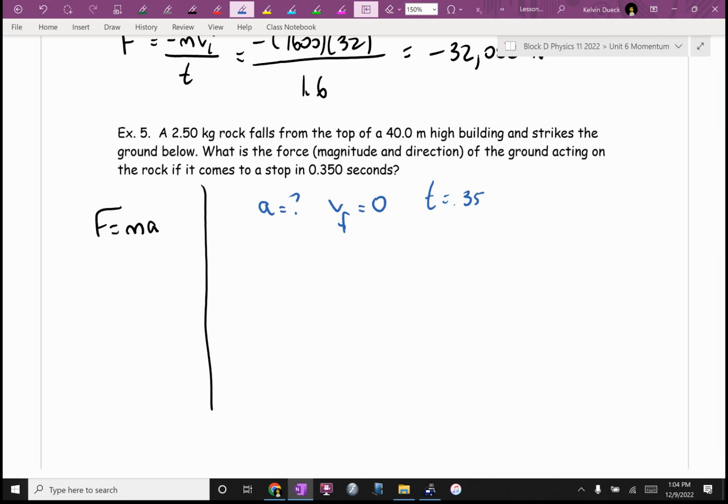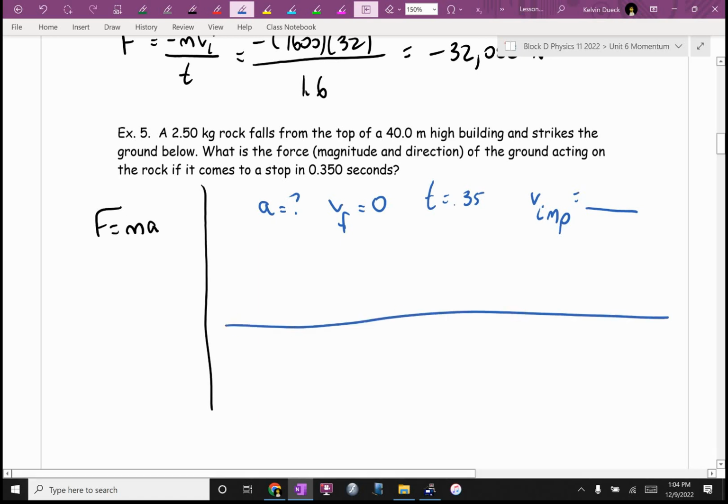Okay. What do I need to find A? What's VI? I'm going to add two letters. I think VI is the impact velocity, how hard it hit the ground at. Do I know that?